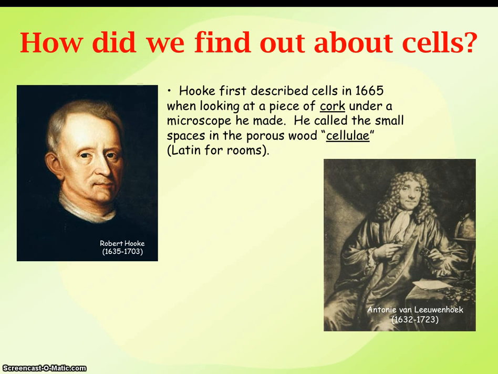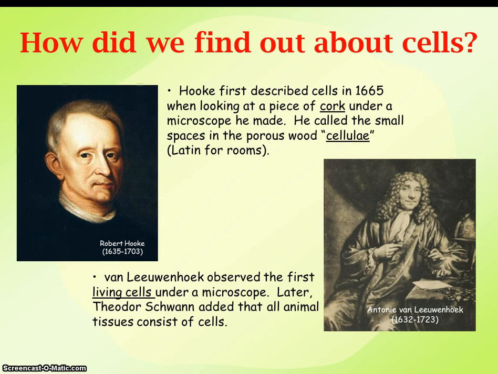Cellulae just means rooms, or compartments. So he was the first one that started describing what cells were probably going to be, based on his very first microscope. Van Leeuwenhoek came along a little bit later and took that information, and technology progressed a little bit more, and he was actually able to look at living cells for the very first time under a microscope.